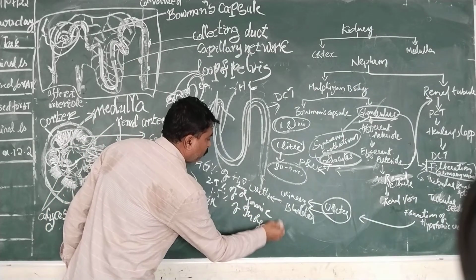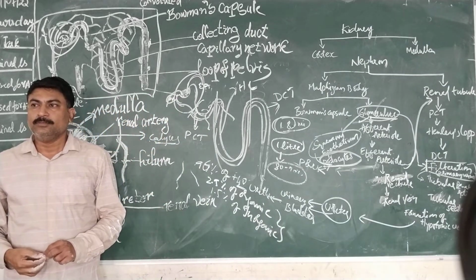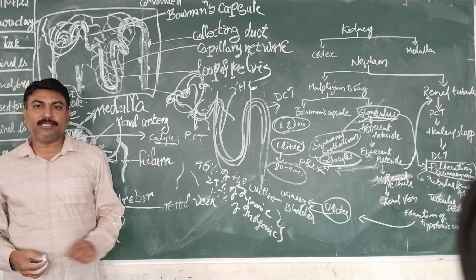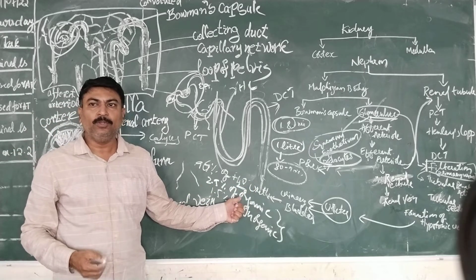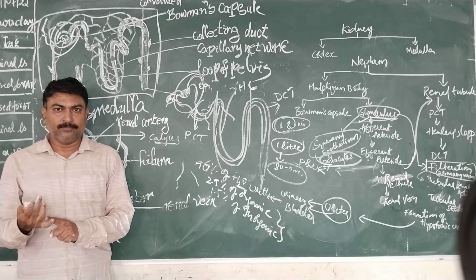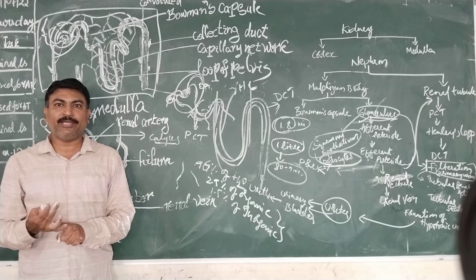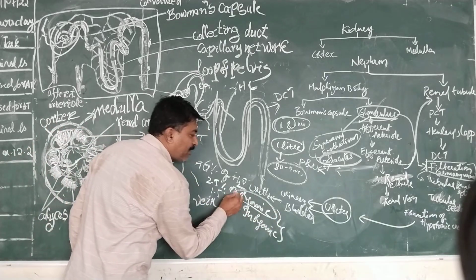I think most of you know the difference between organic and inorganic compounds. Carbon-containing compounds are called organic compounds and non-carbon-containing compounds are called inorganic compounds. So we have glucose, vitamins, amino acids, urea, uric acid, etc., which come under organic compounds.